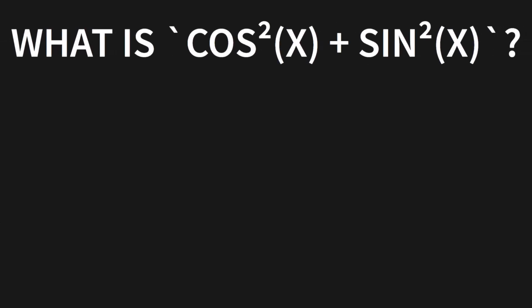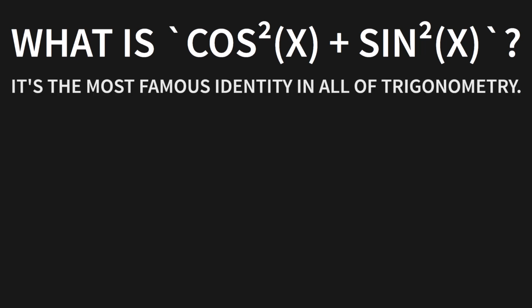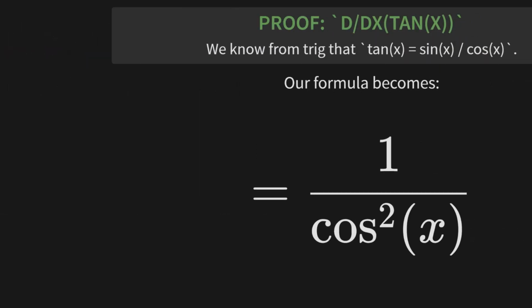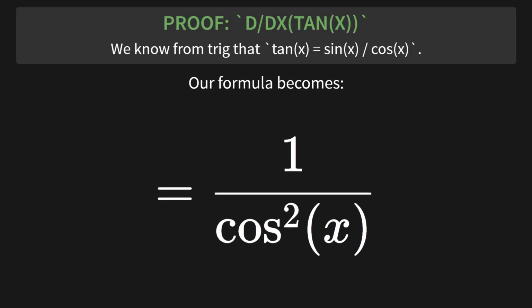Now look at that numerator. What is cosine squared of x plus sine squared of x? It's the most famous identity in all of trigonometry. It's 1. Our entire formula just became 1 over cosine squared of x.